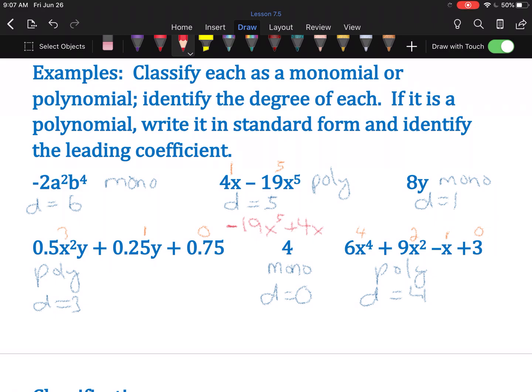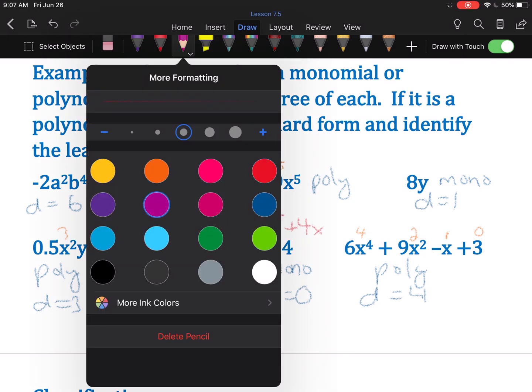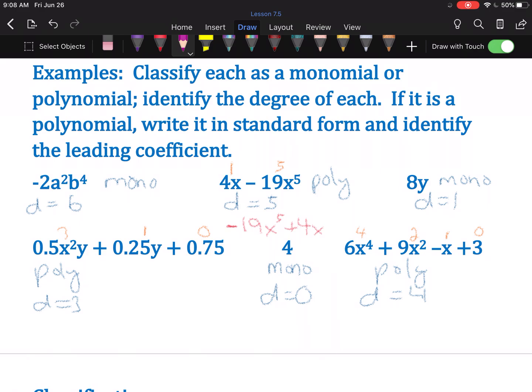The other 2 polynomials are already in standard form, because when you look at the degrees, 3, 1, 0 is in order from biggest to smallest, and 4, 2, 1, 0 is in order from biggest to smallest. So those are fine. All that's left is the leading coefficient, which is the multiplier of the first term. So this top one, his multiplier is negative 19.